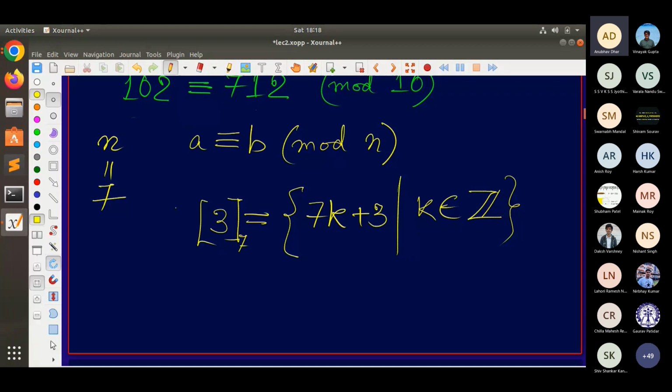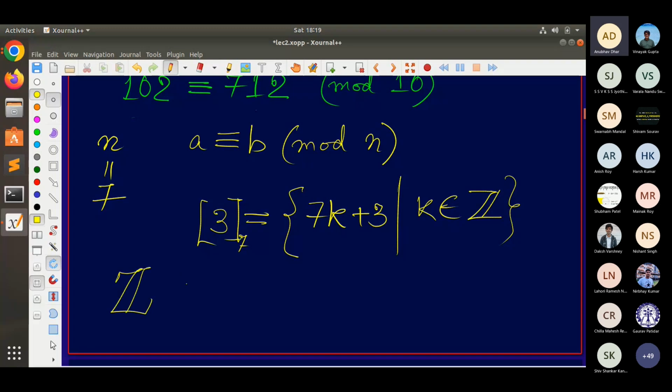Okay, so basically now you understand that this gives you an equivalence relation. And since an equivalence relation partitions the set from which you are getting the relation, you can partition the set of all integers Z into a finite number of equivalence classes.